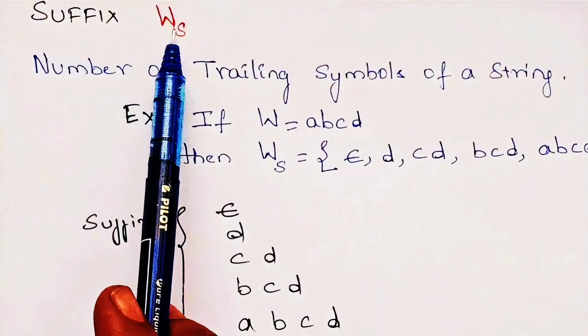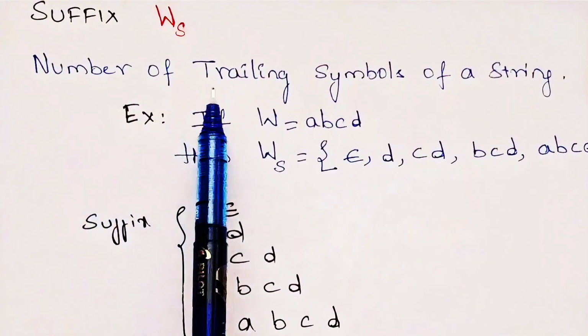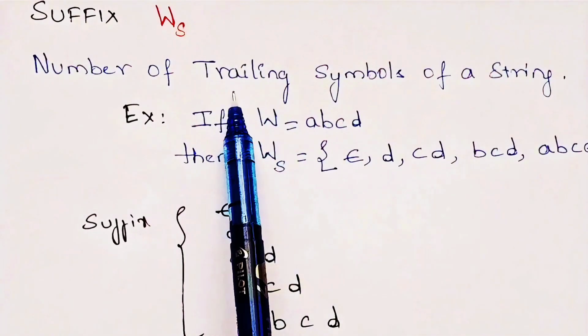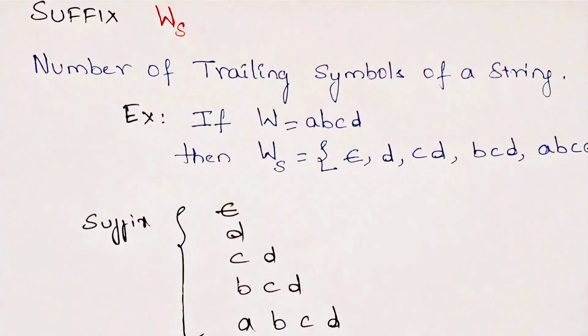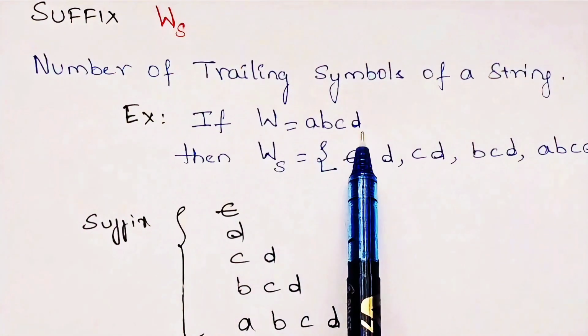Suffix of a string is denoted by ws. It is defined as the number of trailing symbols of a string. It means that here we observe the number of ending symbols of a string. Now let us consider the example of a string w is equal to abcd.